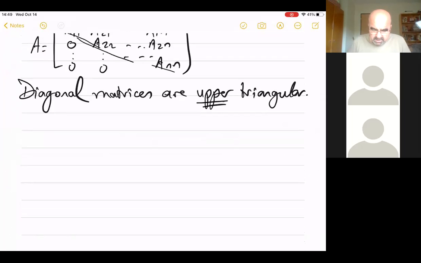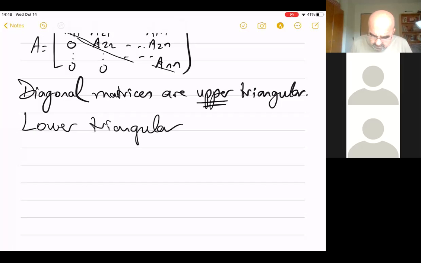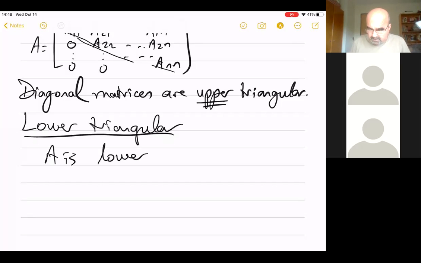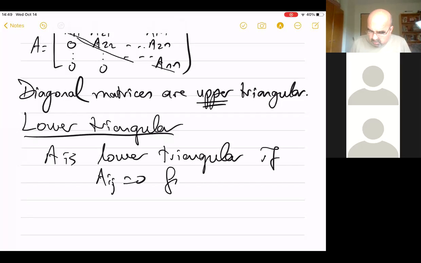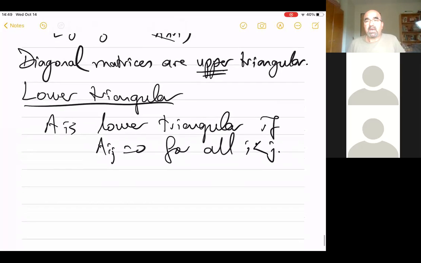Let's see. How about lower triangular matrices? That is, A is lower triangular if Aij is 0 for all i less than j. Namely, everything above the main diagonal is 0.